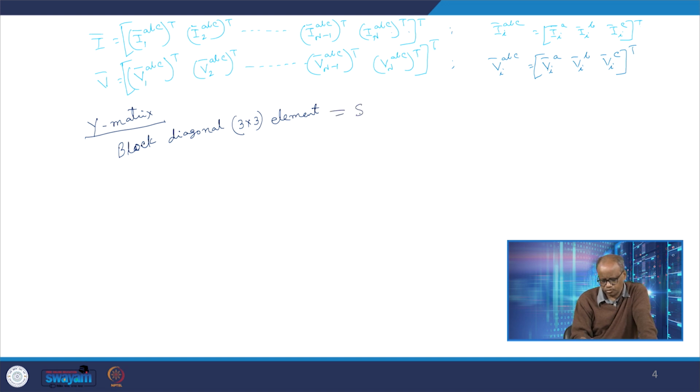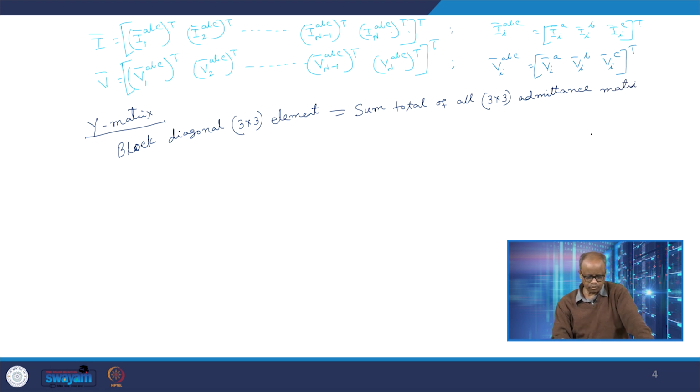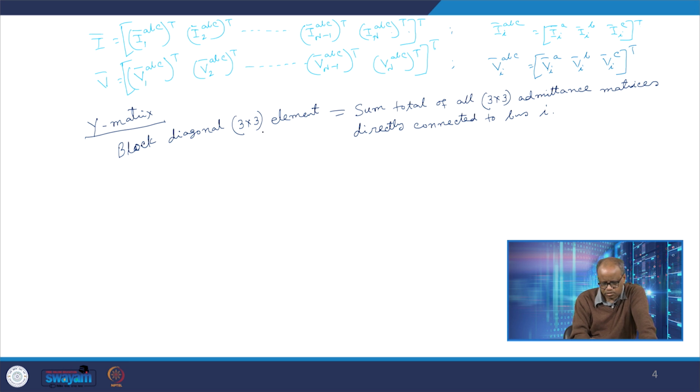equal to the sum total of all 3 cross 3 admittance matrices directly connected to bus I. So we should write that this is the block diagonal 3 cross 3, the ith element.